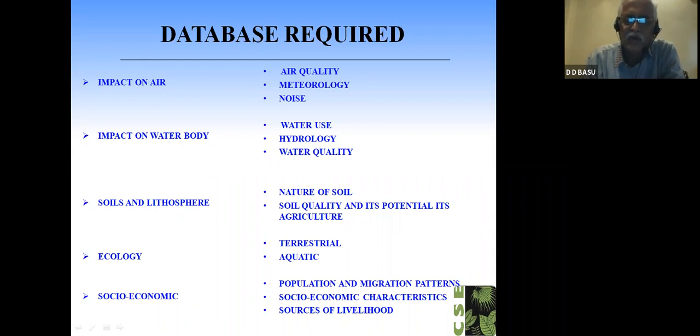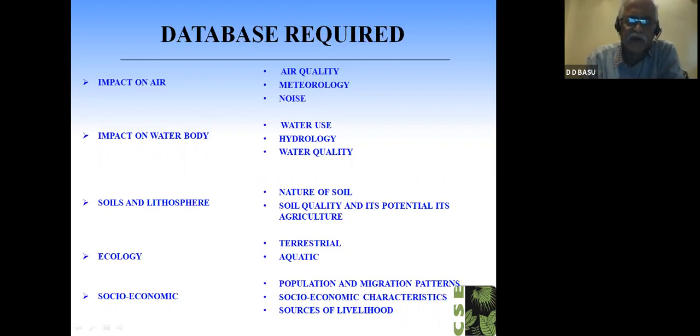Then the actual water quality has to be measured. In the case of groundwater, we need hydrogeological studies of groundwater flow, the character of the groundwater, and also groundwater use. In India, groundwater is mostly used for drinking as well as irrigation.